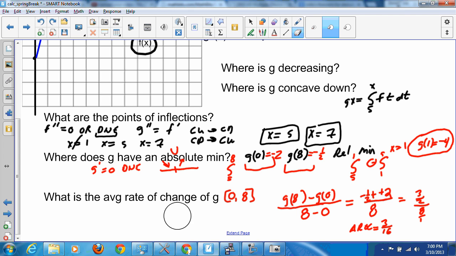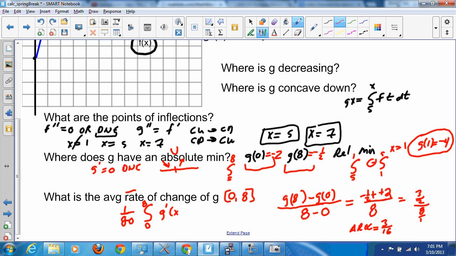Okay. Well, another way of looking at this is the average value of a function. It will yield the same answer, I hope. So we're looking at from 0 to 8, and the function value of 8 minus 0 of, since it's saying rate of change, it's like the derivative of g, average rate of change.